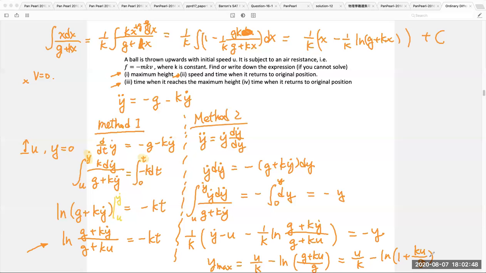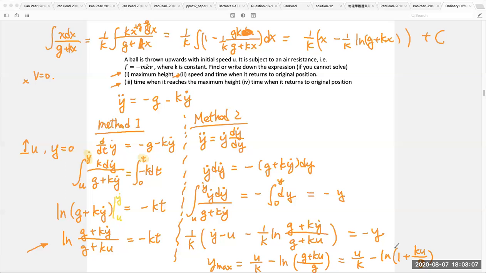Any questions? No questions. Okay, so we may need to check, but the dimension is not consistent.